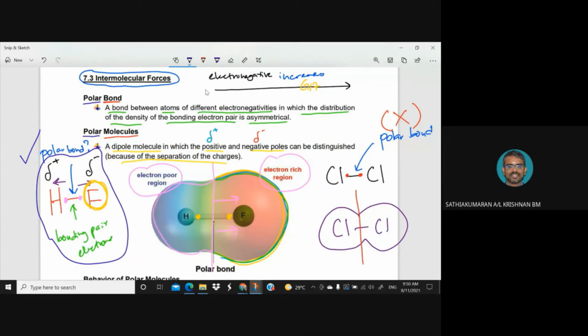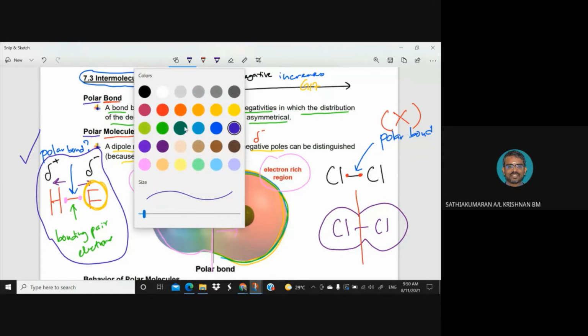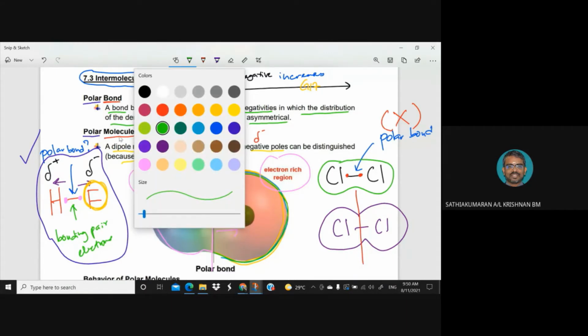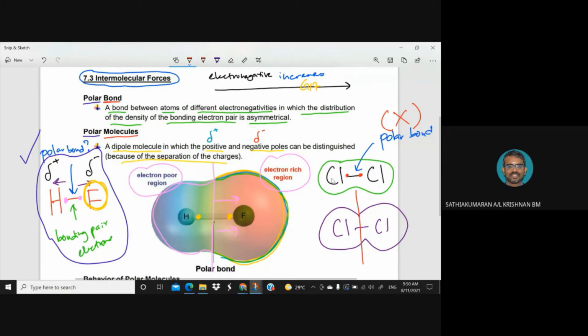Let us see Cl and Cl. Is this molecule a polar molecule? Okay, let us do the positive and negative dipoles. Chlorine, negative dipole because more electronegative. Chlorine here is also delta negative. You see, both have the same dipoles.